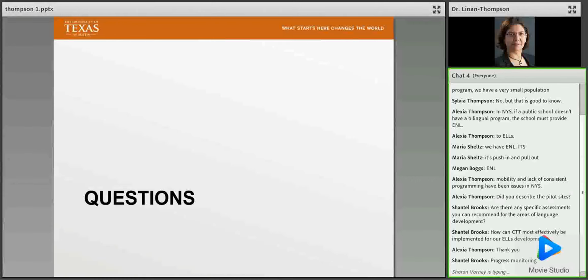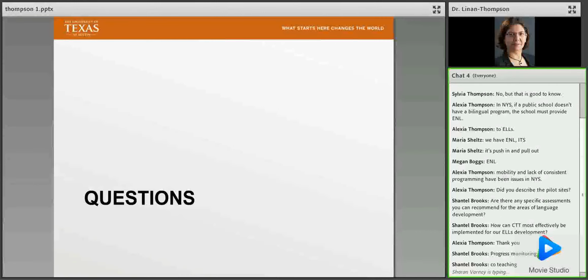And how can CTT most effectively be implemented for our ELLs' development? I don't know what you mean by CTT. Oh, co-teaching. Well, it depends on your resources.